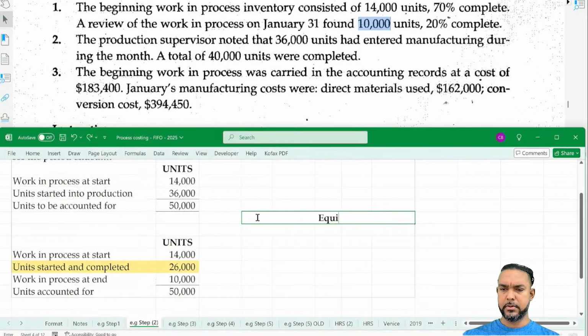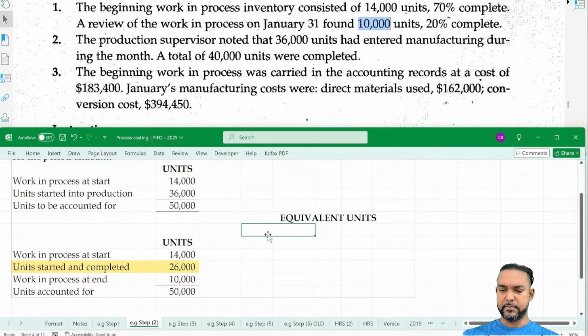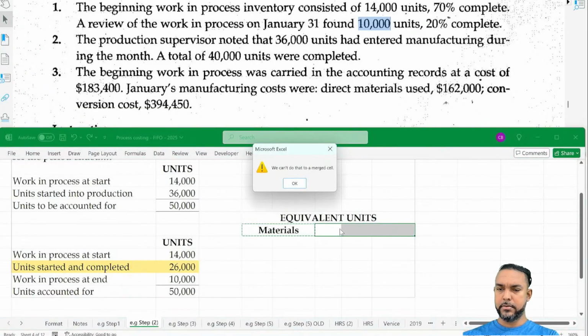All right, so equivalent units. And materials.